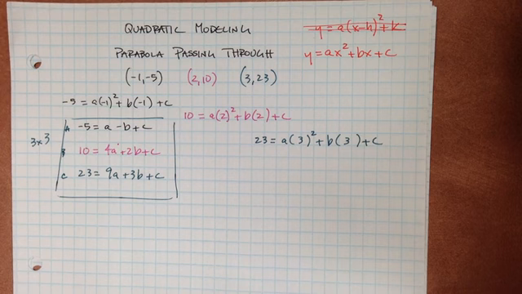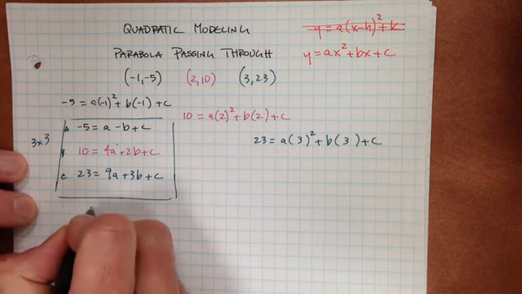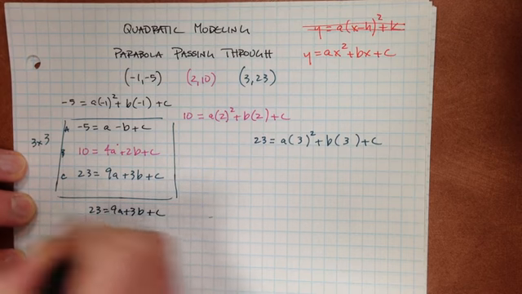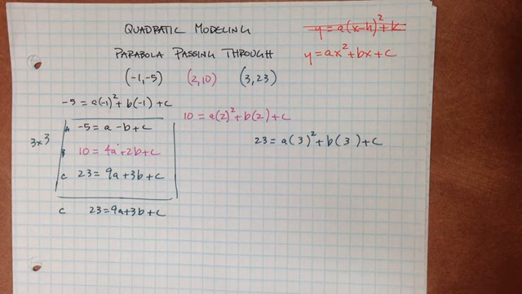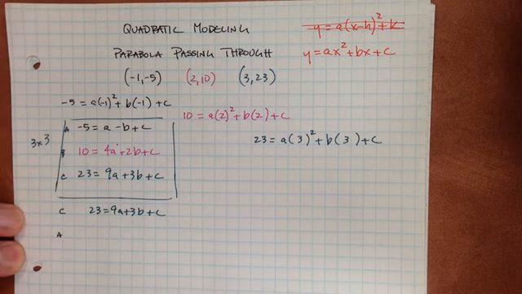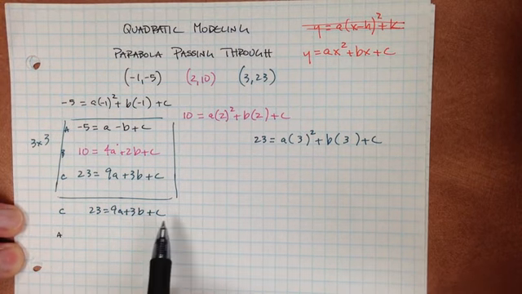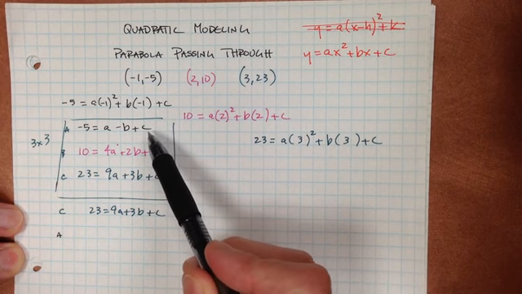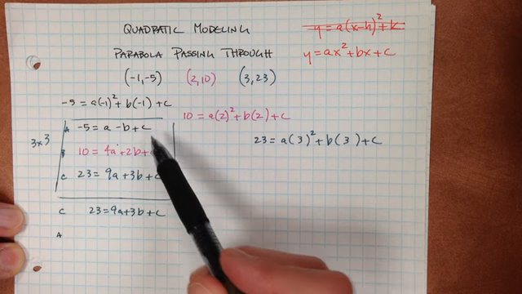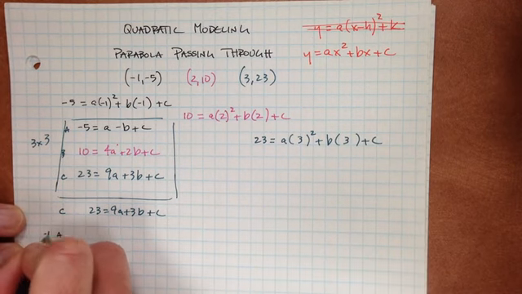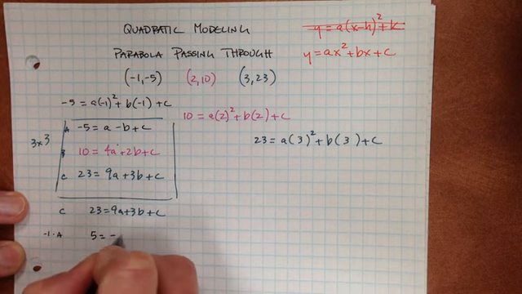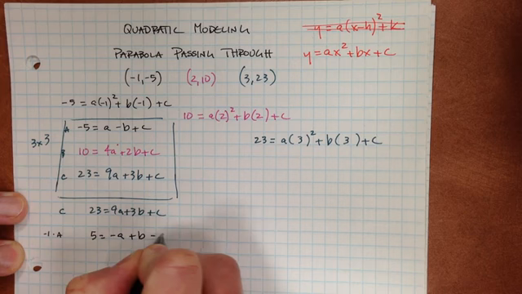I will take equation c and put it together with equation a, but not as it is. If I want my c value to cancel, equation a would need a negative c. The way I can change this positive c to a negative c is to multiply the entire equation by -1, giving me 5 equals -a plus b minus c.